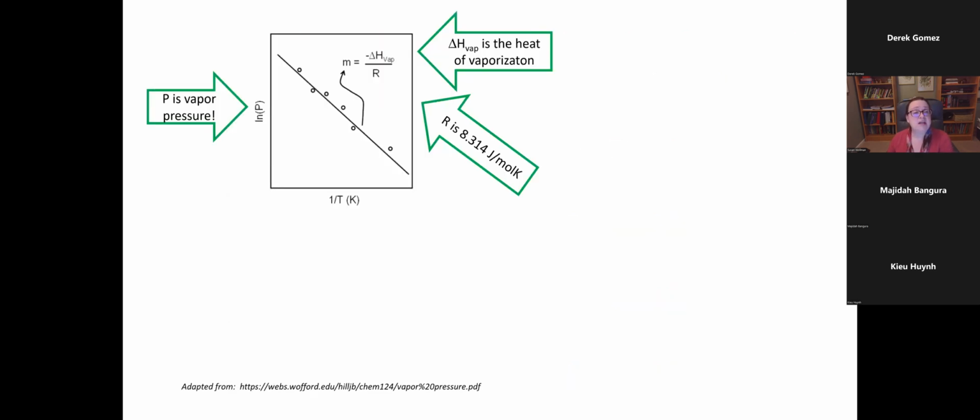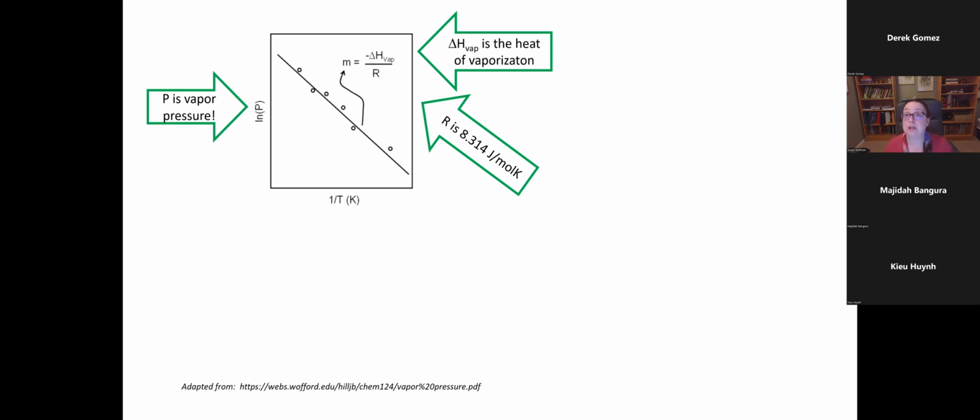So we can model this though. We can take some data, a bunch of different vapor pressures, and make a graph that is a straight line. That's always easier to work with and easier to model. If we graph on the y-axis, instead of vapor pressure, the natural log of vapor pressure, that's a different function than we've used before, so make sure you've got your calculator near you.